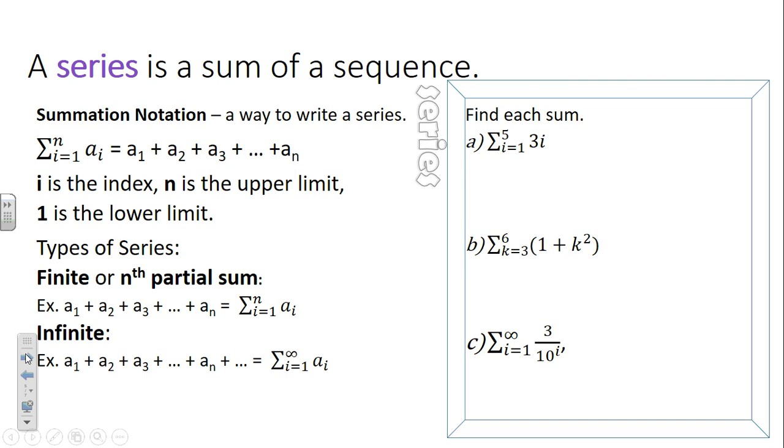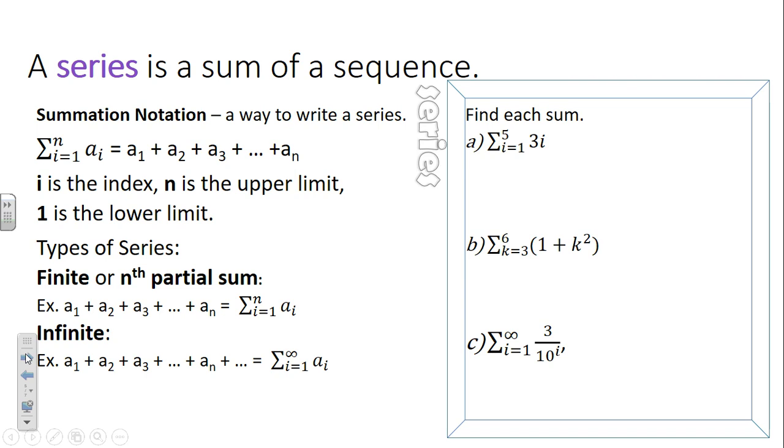Okay, so we want to find the sum of this series, or evaluate this series. Now in many cases, instead of using the letter n, they use the letter i, but it could be k, j, it could be x, just depends on what variable they choose to use. But our index in this case is i.